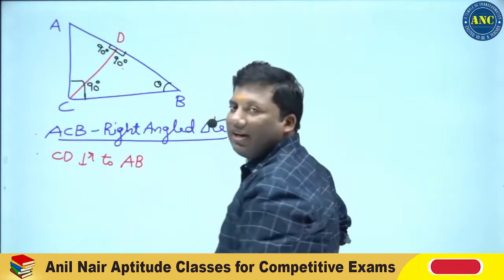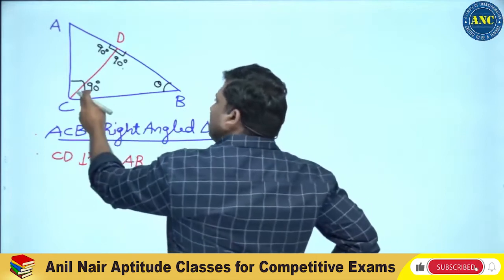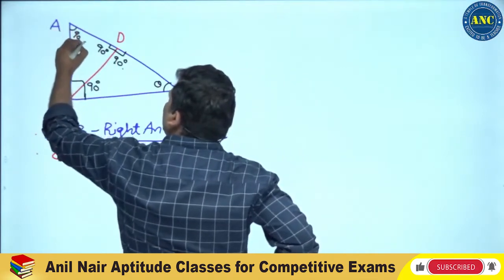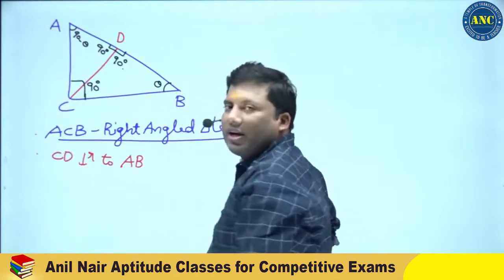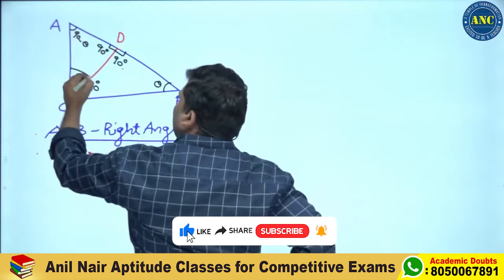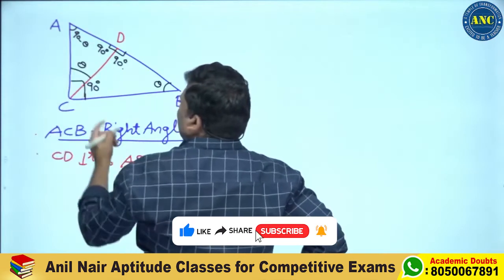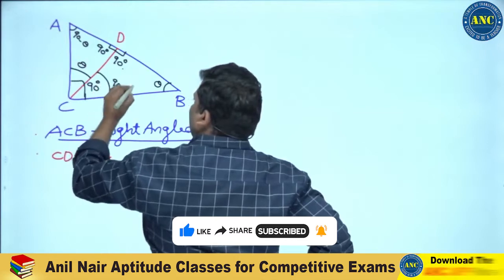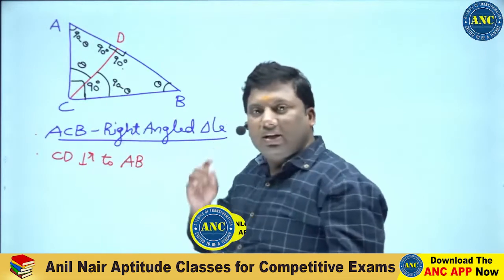Angle in a straight line is 180 degrees. This is 90, this is theta, so this will become 90 minus theta. Entire thing is 90, so this will become theta, and this will become 90 minus theta.